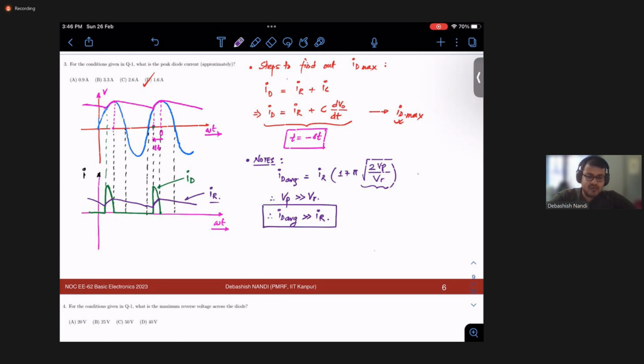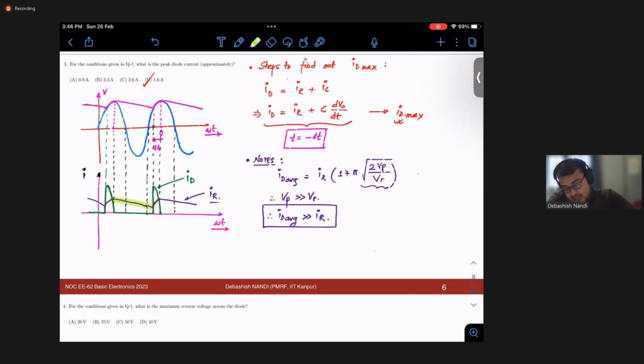And this is also quite evident because this is the duration when you have the discharge time, right? The capacitance gets discharged and the charge flows. During that time, you have some current. But to replenish that charge, how much time do you have?